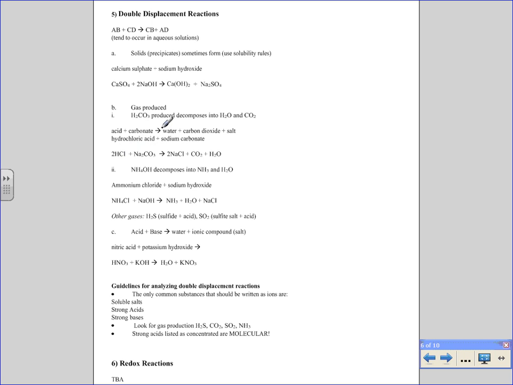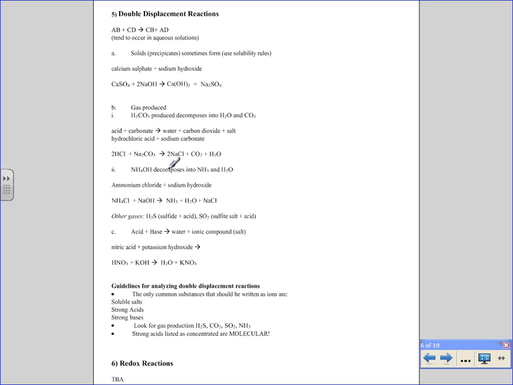Now, what's important to recognize is that if at any point you see H2CO3 being produced in a reaction, you need to recognize that as actually further decomposing into H2O and CO2. So this is why carbonates and acid produce carbon dioxide, because this H2CO3 decomposes into H2O and CO2.